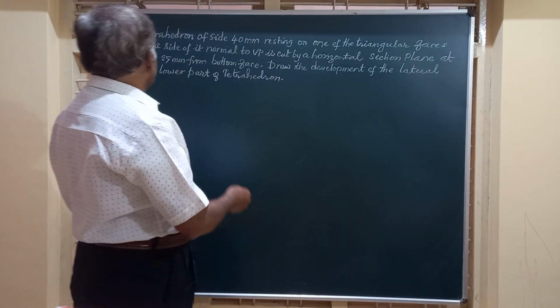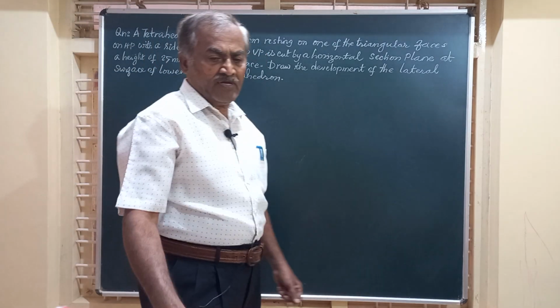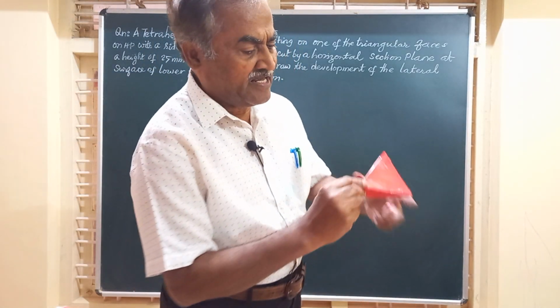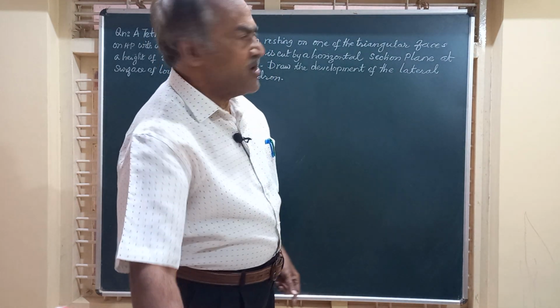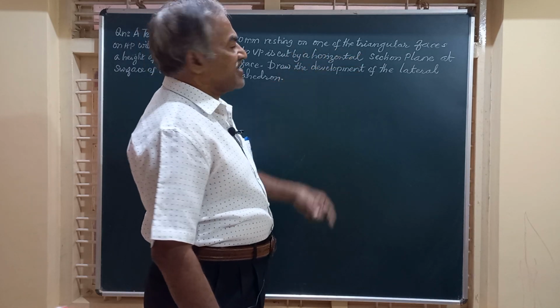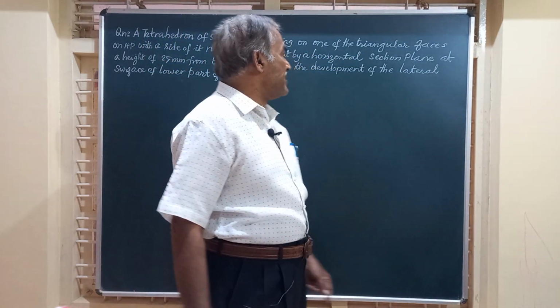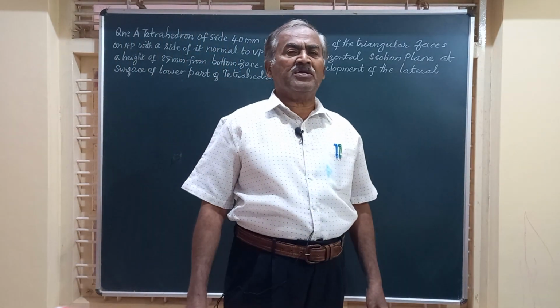Friends, in today's session, we have a problem on a tetrahedron which is having edges measuring 30 mm. All these edges measure 30 mm, and it is resting on one of the triangular faces on HP such that a side of it is normal to VP.